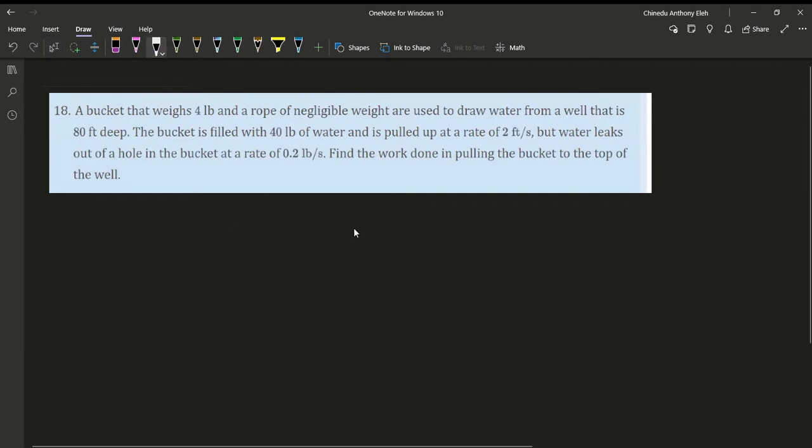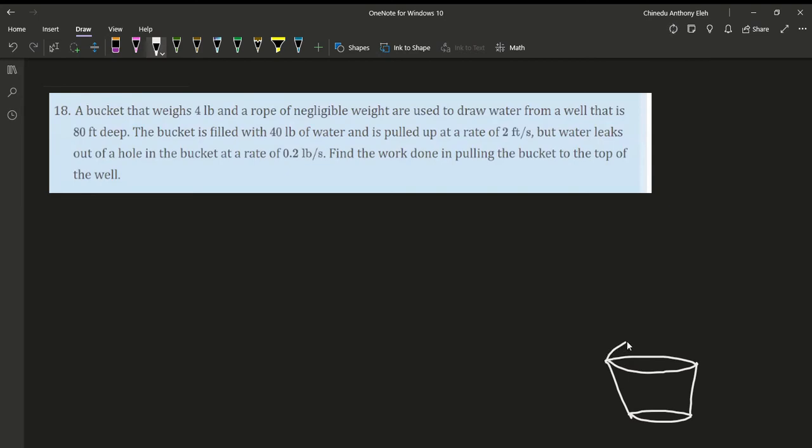So as is common in this kind of problem, the first thing that helps is to draw a diagram to visualize what has been described. So let's assume this is the bucket.